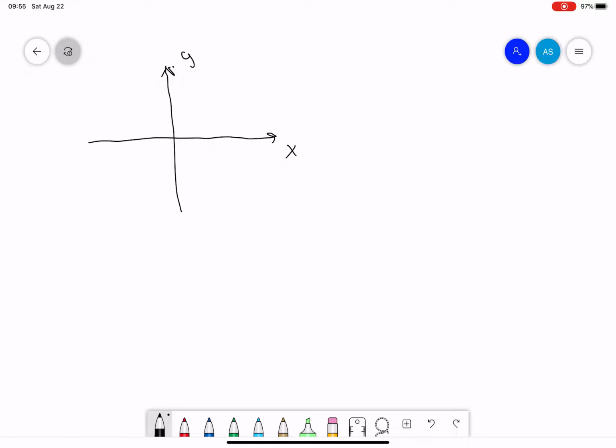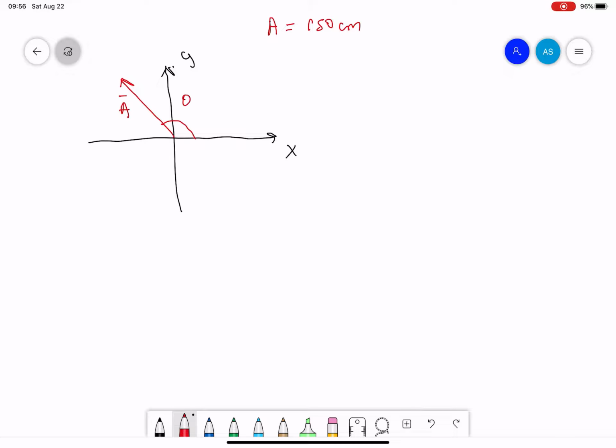the first vector has a magnitude of 150 centimeters, and that makes an angle of 120 degrees with positive x. Let's call this one the A vector. The A vector has a magnitude of 150 centimeters, and the angle is this one.